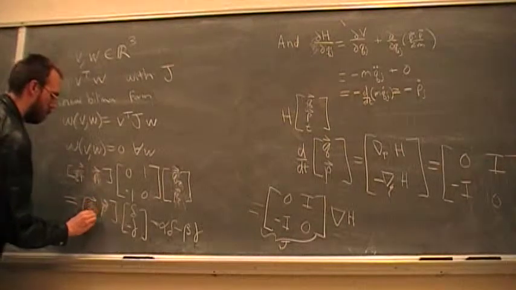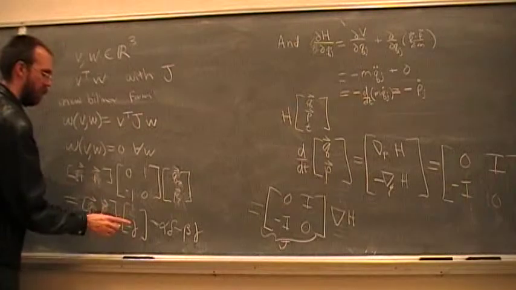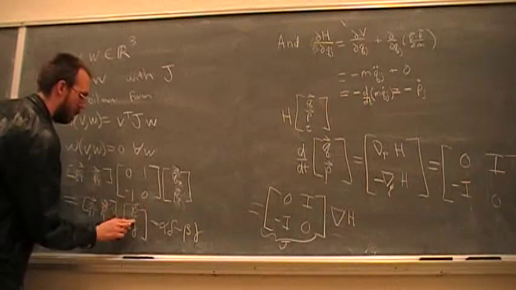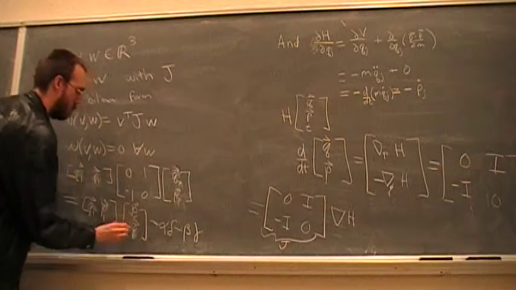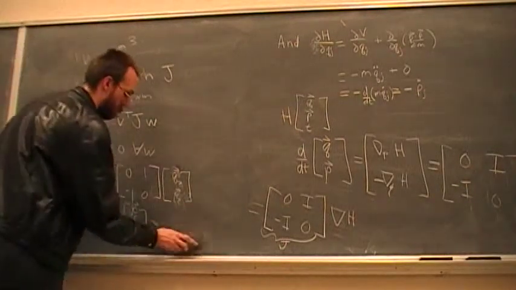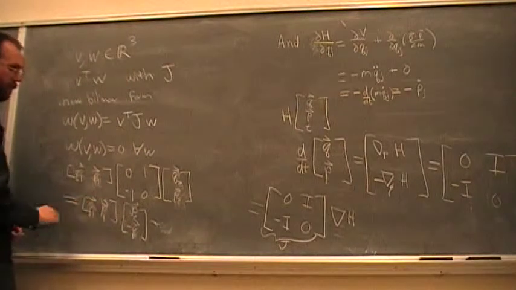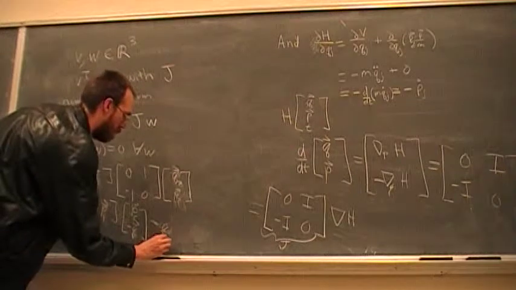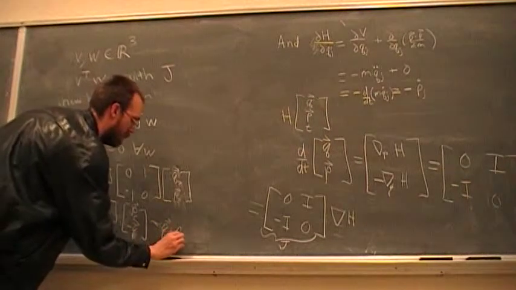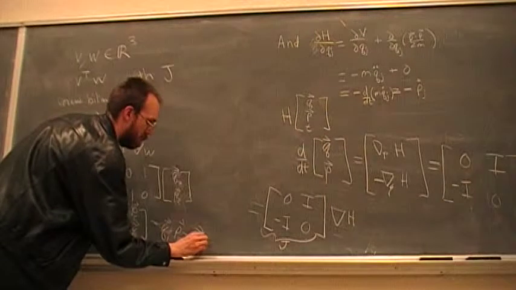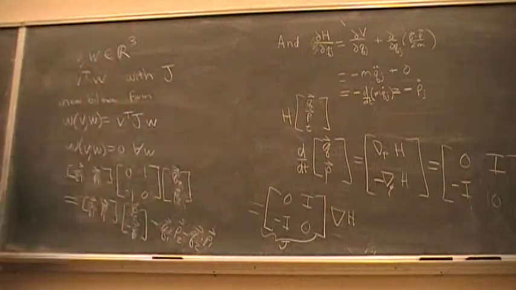Q, P. Over here you've got P, minus Q. But now it's a column vector and a row vector, so it's just the normal dot product you're used to: Q1 dot P2 minus Q2 dot P1.